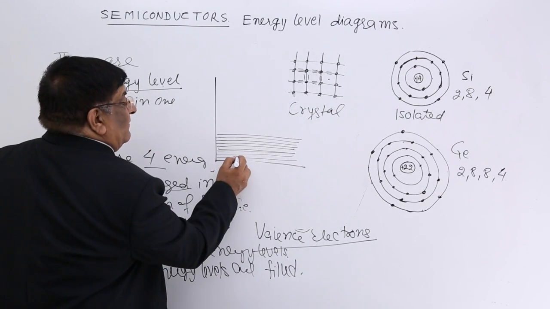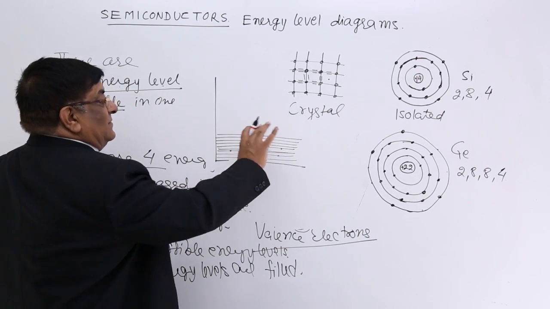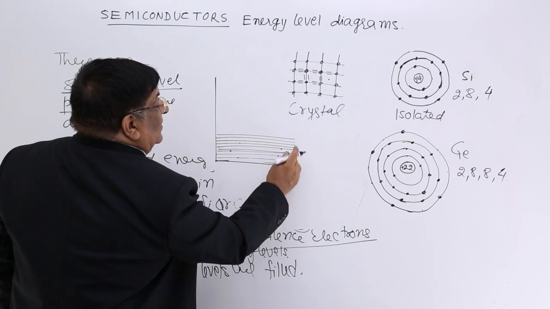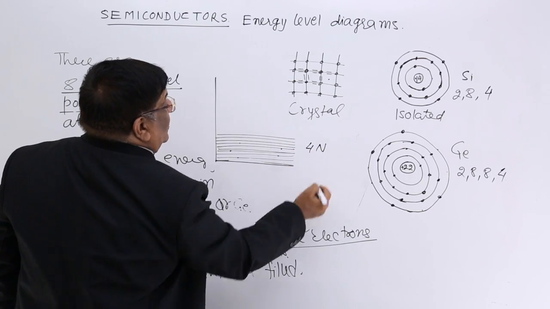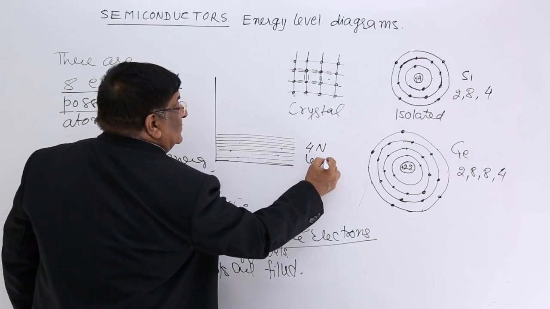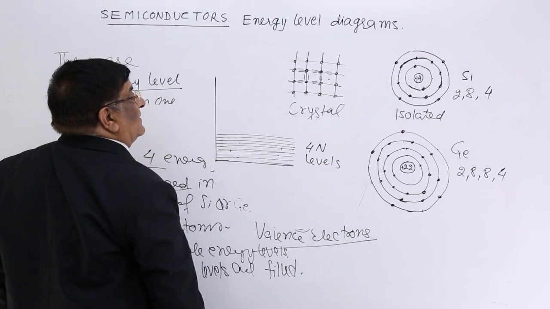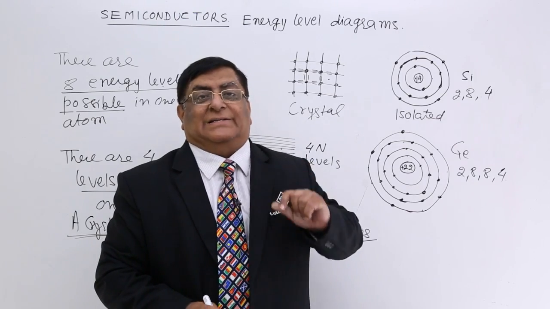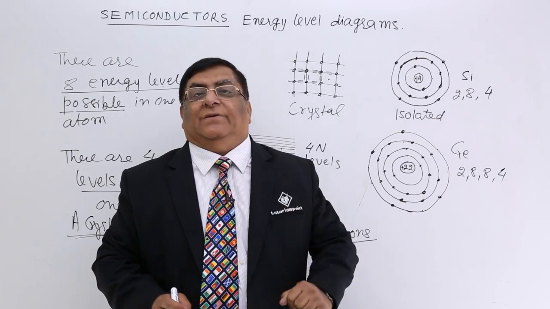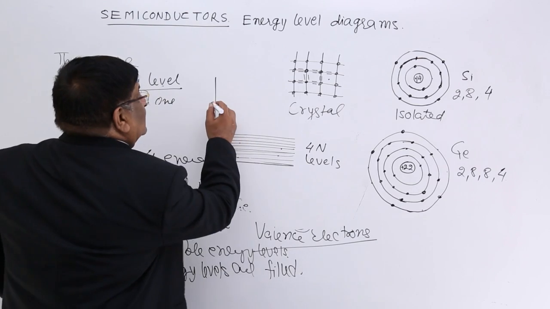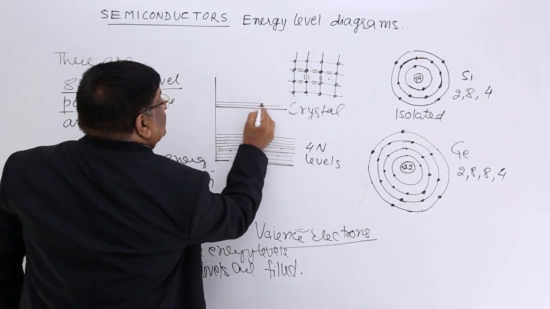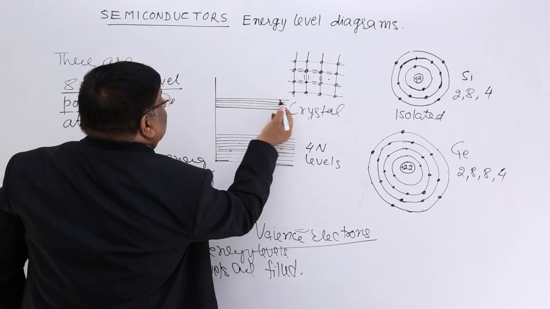There is one electron having this much energy, another this much, and so on. These are energy levels whose total number is 4n. And the electrons that can conduct electricity have a higher energy level: this much, or this much, or this much.